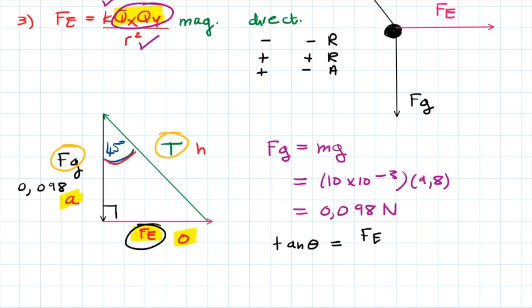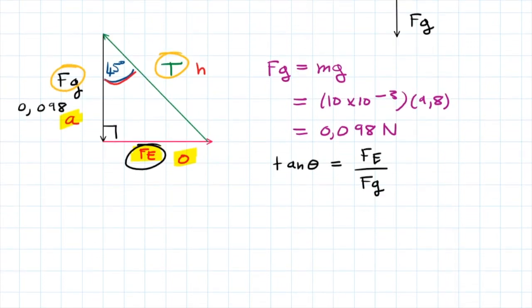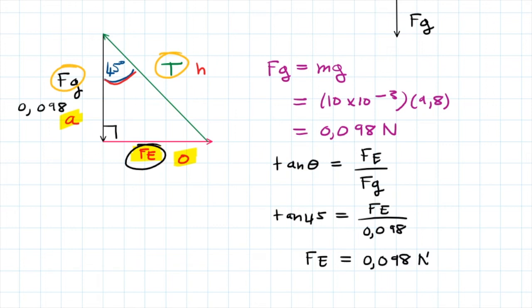We say tan theta is equal to Fe divided by Fg, the opposite side divided by the adjacent side. Therefore, tan 45, which is the angle, is equal to Fe divided by 0,098. We multiply up by the 0,098 and we find out that the electrostatic force is equal to 0,098 newtons.